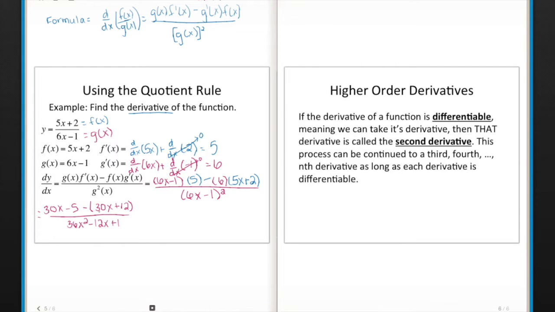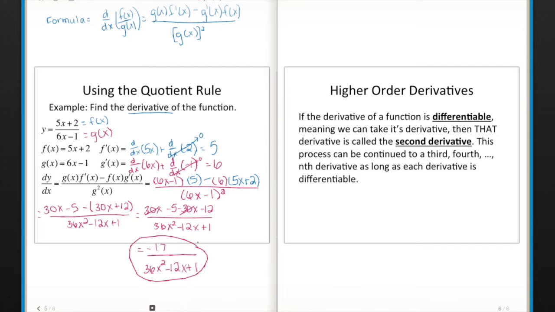And from here, I'm sure you guys are comfortable with simplifying the algebra, continuing to use the distributive property and simplifying the top. The bottom isn't really going to change at this point. 30x minus 30x, those will cancel. We're left with negative 17 over 36x squared minus 12x plus 1. And that would be the derivative of our original function.